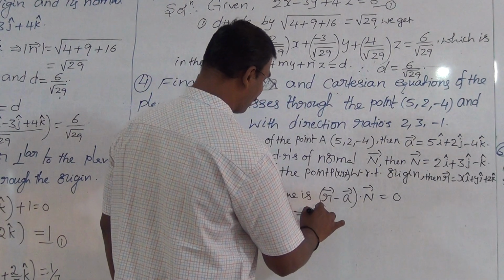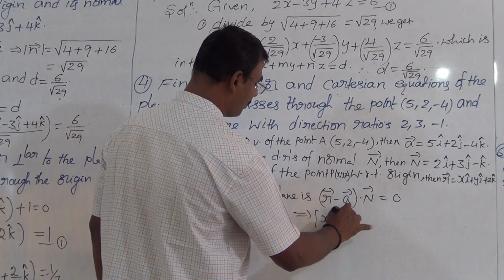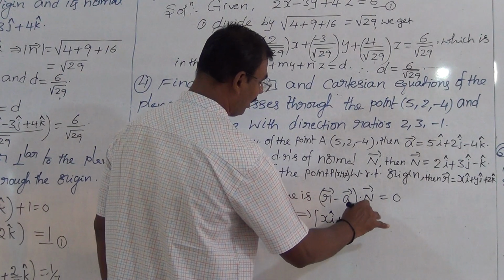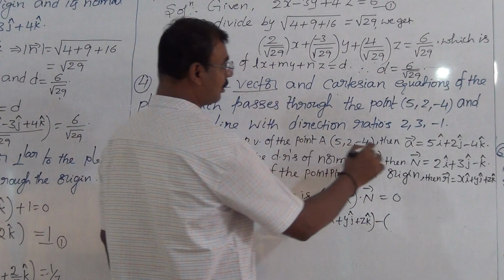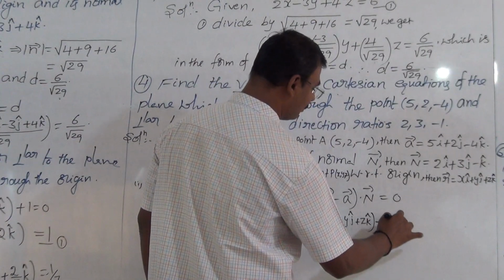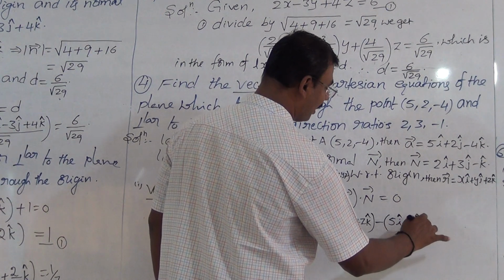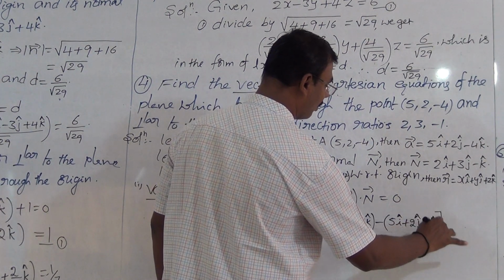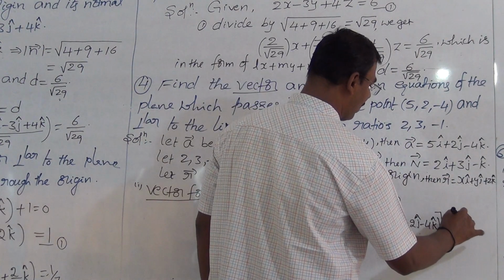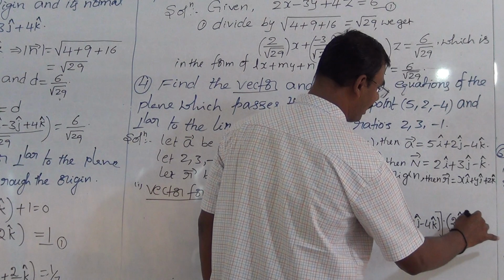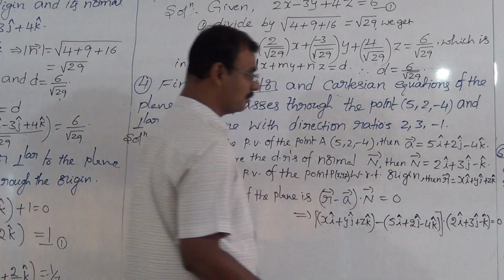Substitute here: x into i plus y into j plus z into k, minus the a vector 5i plus 2j minus 4k, dot the n vector 2i cap plus 3j cap minus k cap, is equal to 0.